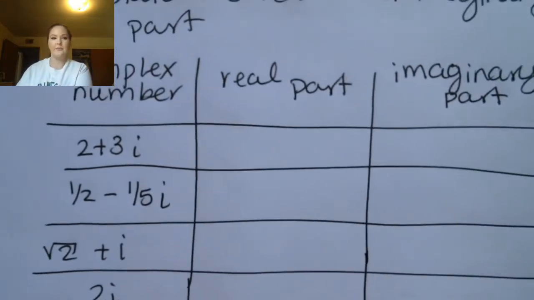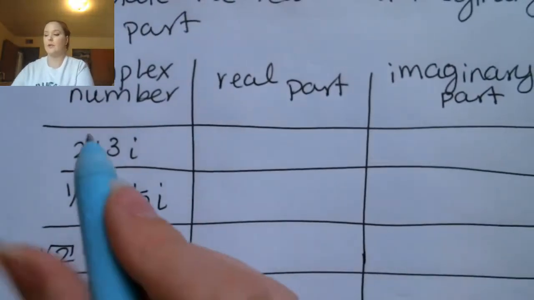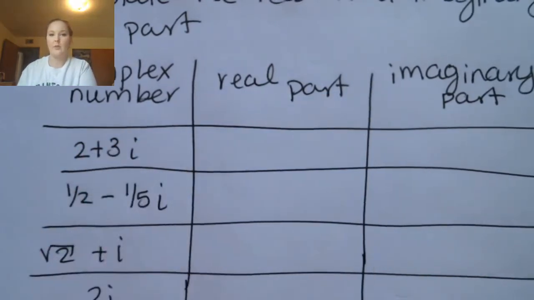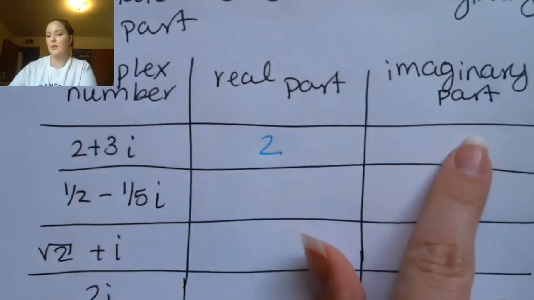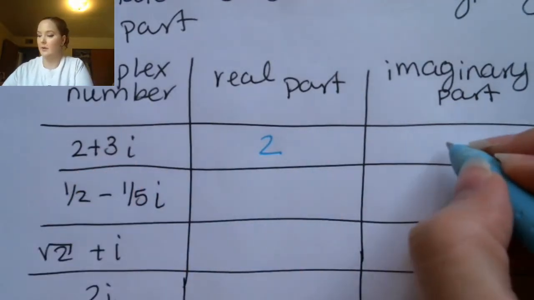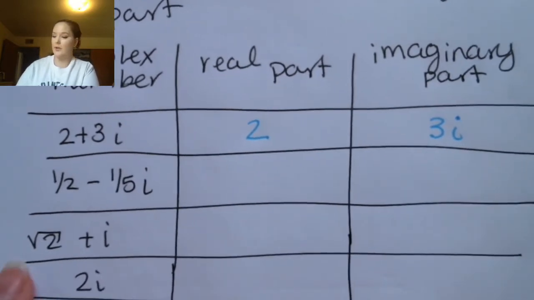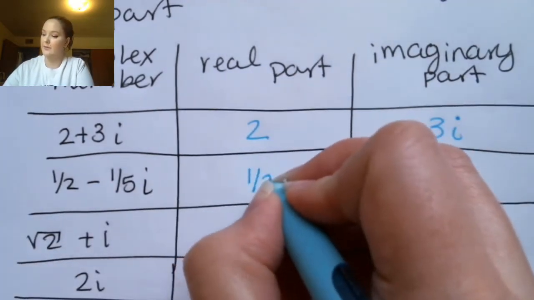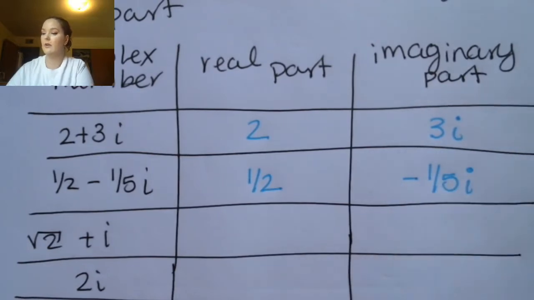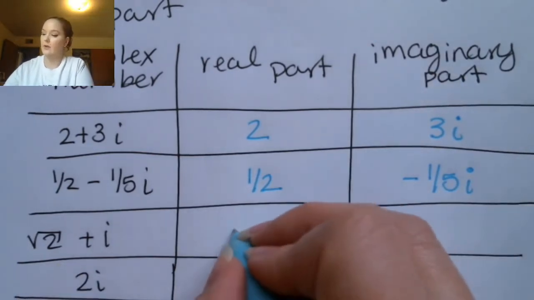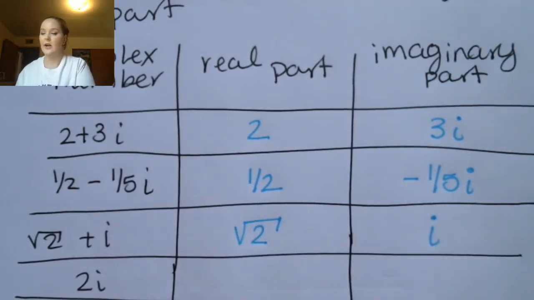Okay, so when we look at this really typical example of a complex number here, okay, we're going to say that the real part is this part that's a real number, and the imaginary part is the imaginary number. Okay, that will work the same for this one. Our real part is 1/2, our imaginary part is negative 1/5 i. Okay, and here, the real part is root 2, and the imaginary part is just i.